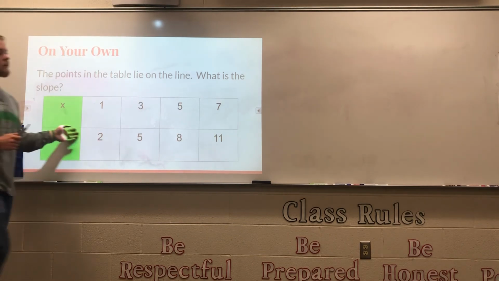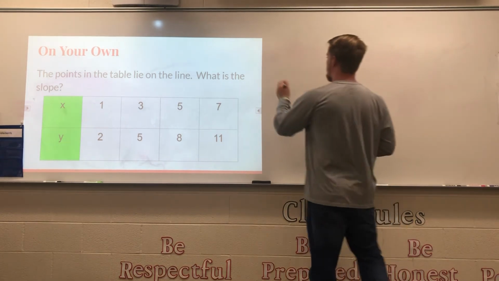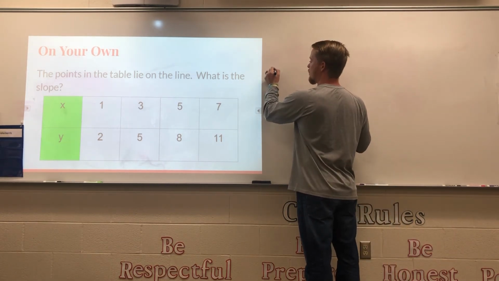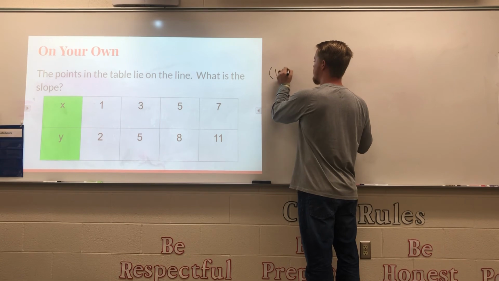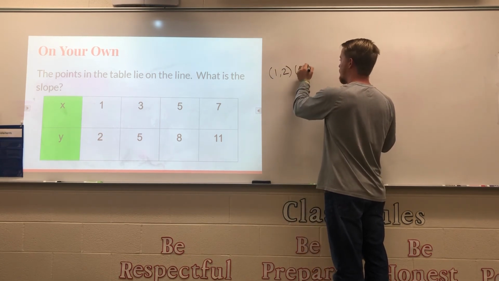So I want you to try this one on your own. Okay, I'm running out of time. Hopefully you pause the video and try this. I'm going to go ahead and write these to get ready to work it out with you. Again, you can choose any combination of them that you want. I'm just going to choose the first two again.